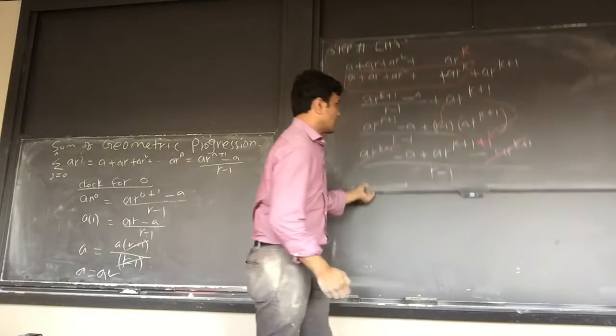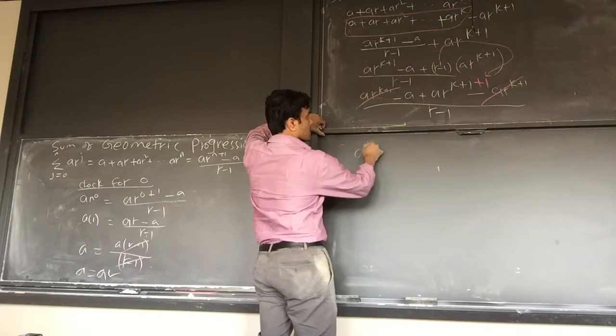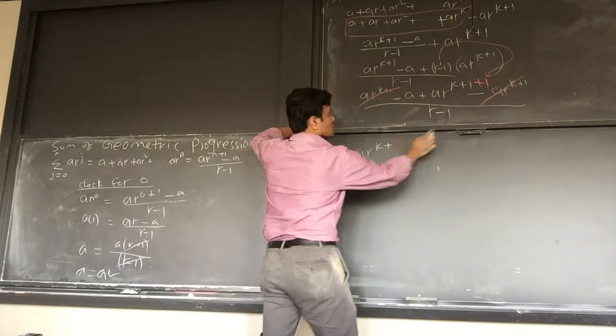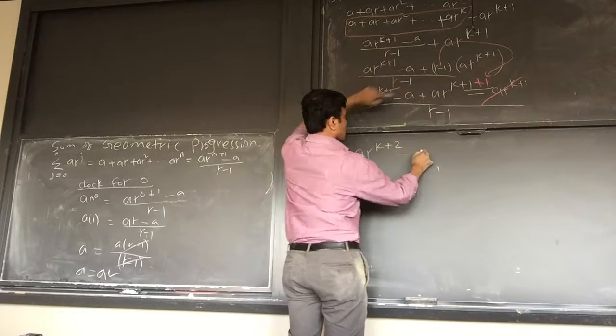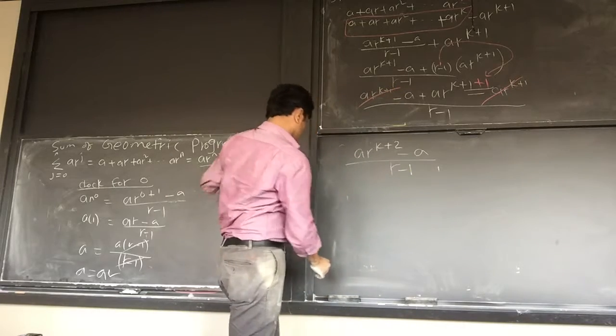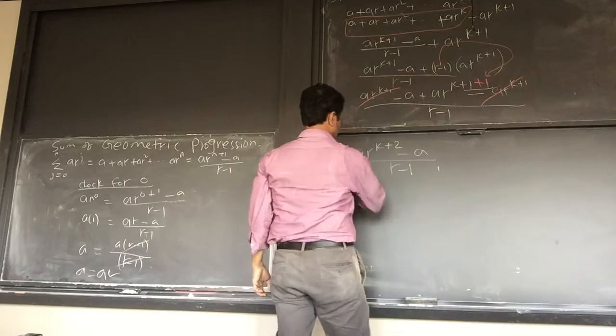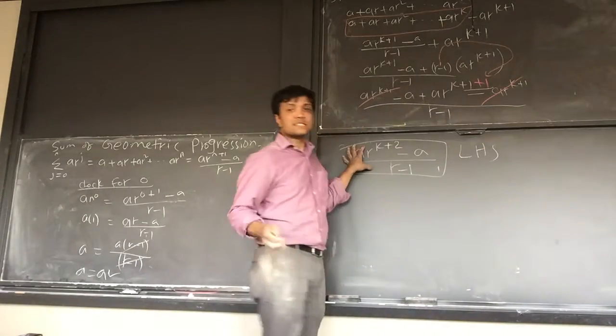So you write ar^(k+2) minus a over r minus 1. Okay, so let's say this is our left hand side.